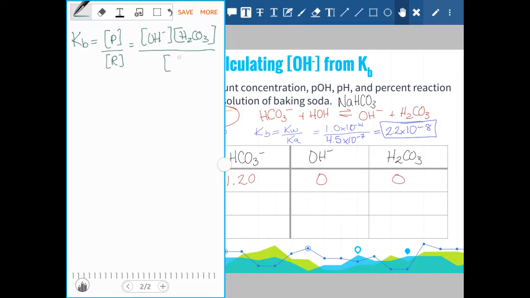My reactant is my hydrogen carbonate ions, HCO3 minus.